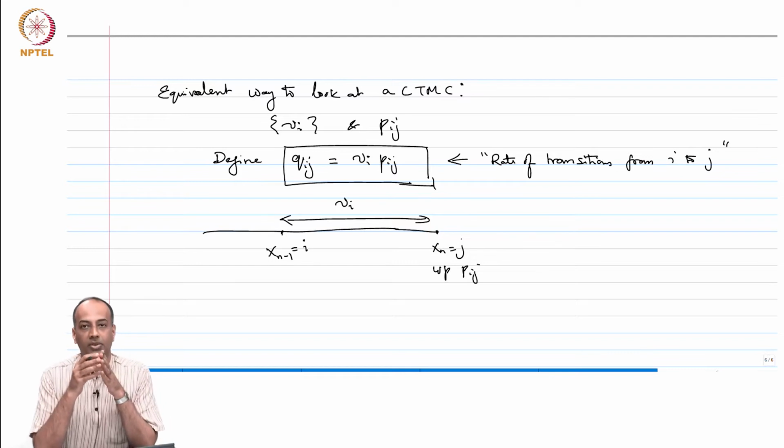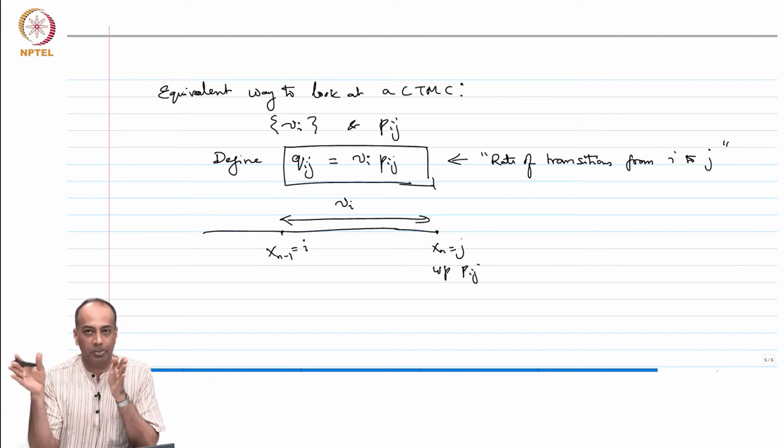You fix an i, and you think of these exponentials of rate Qij as competing. Whichever exponential wins, you go to that state.